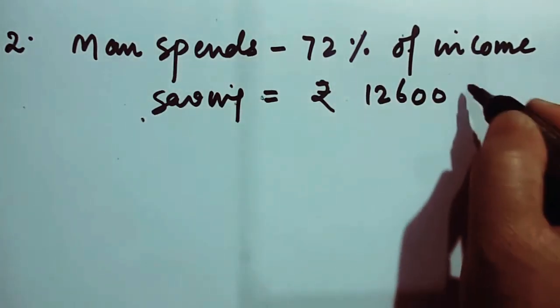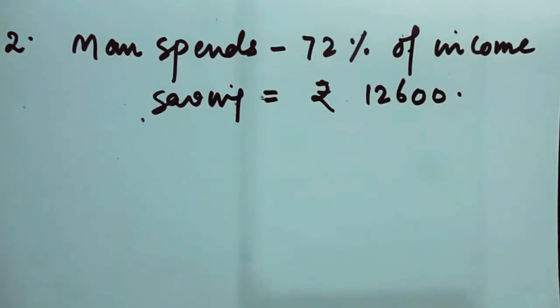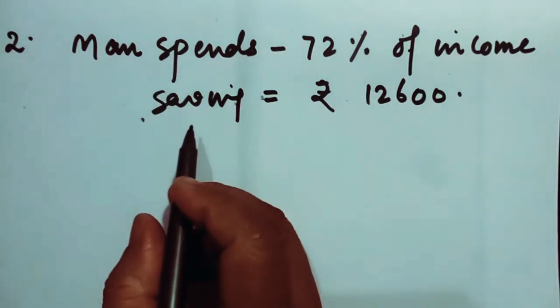That is 12,600 is his saving. They are asking us to find his monthly income.